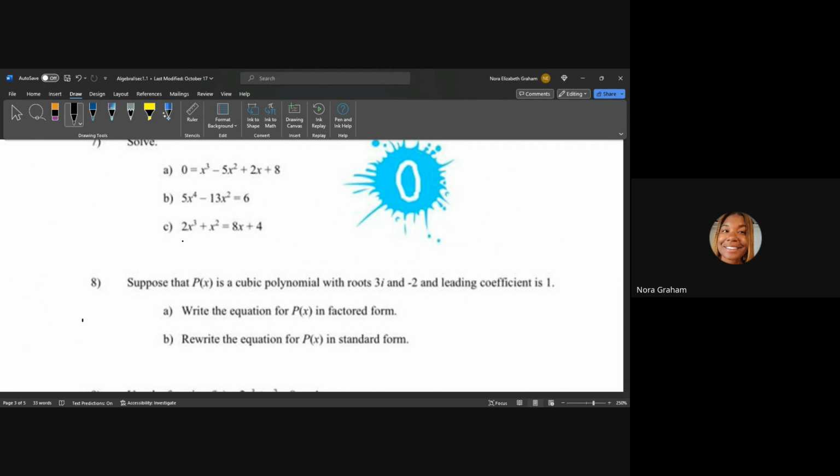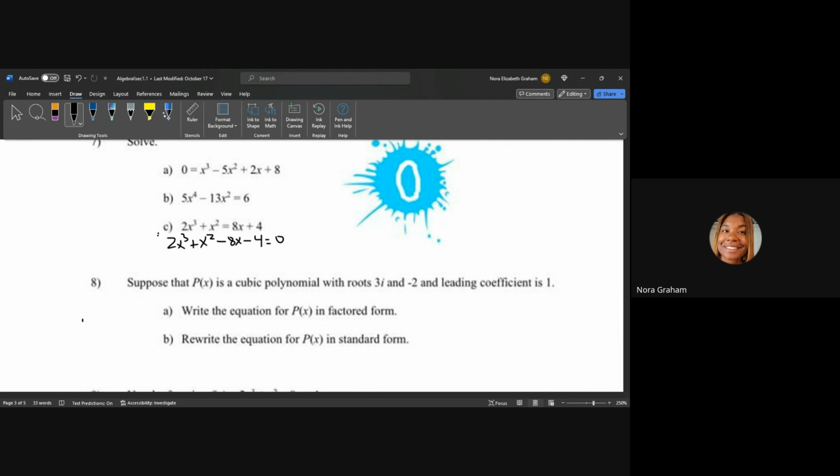So for C, let's go and factor. First, I want to get everything on one side. So I'll have 2x to the third plus x squared minus 8x, because I'm bringing everything to one side, minus 4, and that's equal to 0.